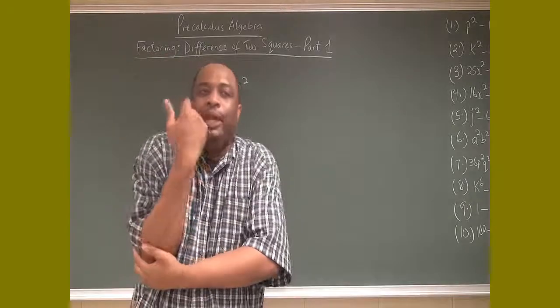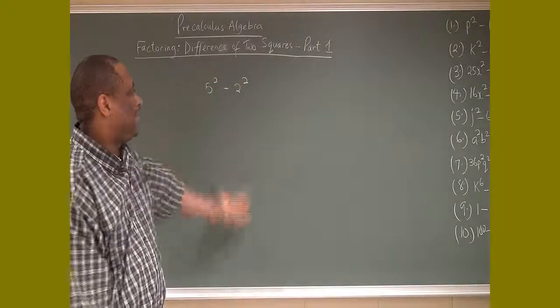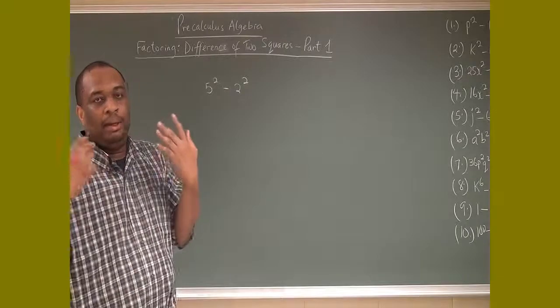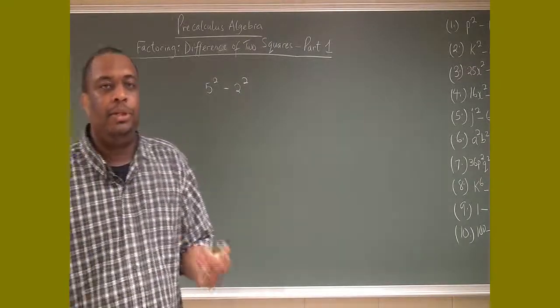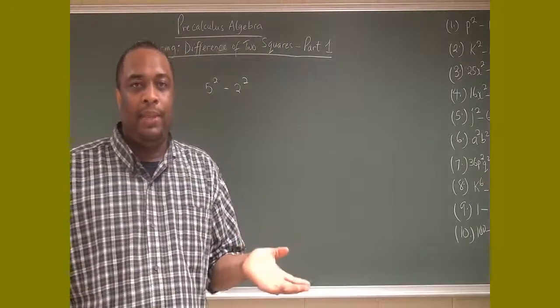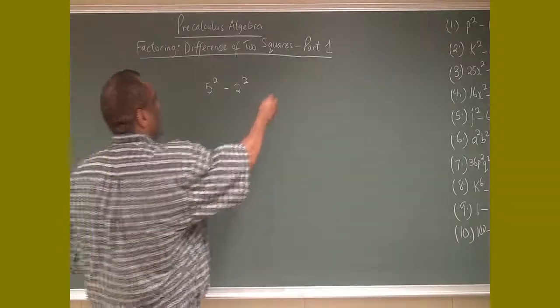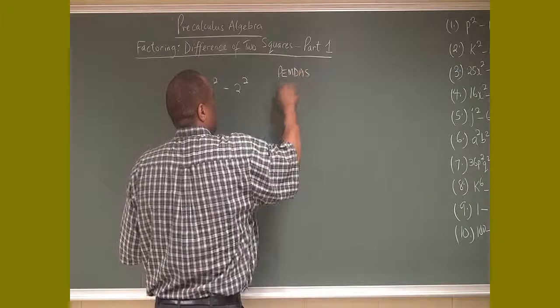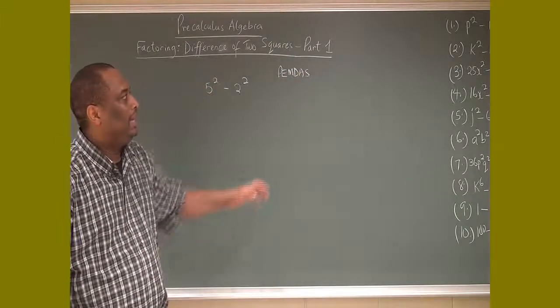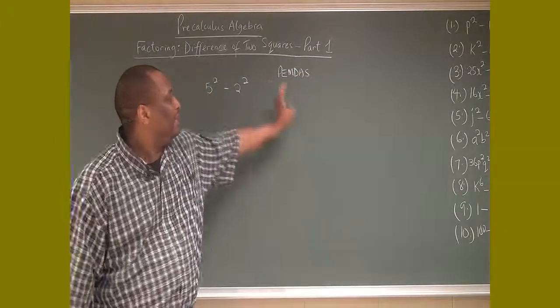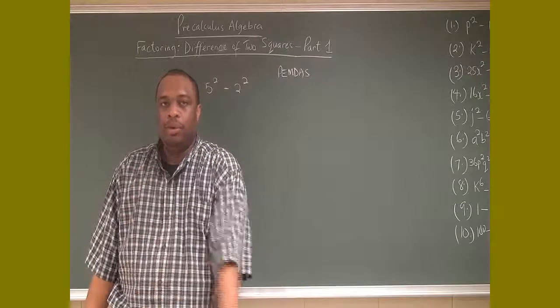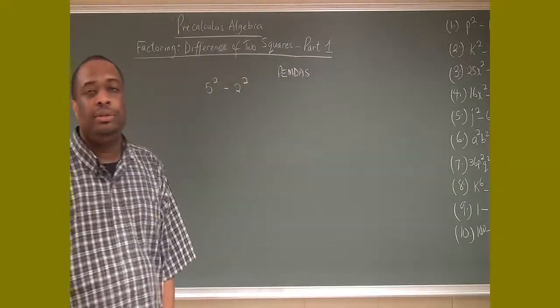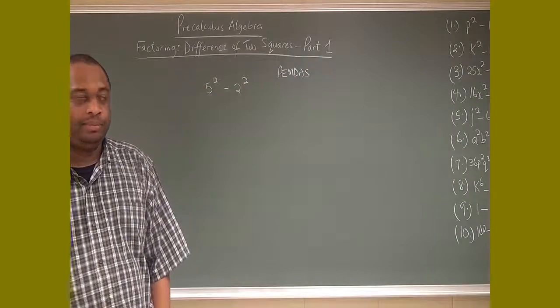So if you are asked to solve this, probably the first thing that comes to your mind is PEMDAS. You still remember PEMDAS? Please excuse my dear Sally. That is the order of operations: parentheses, exponents, multiplication, division, addition, and subtraction.